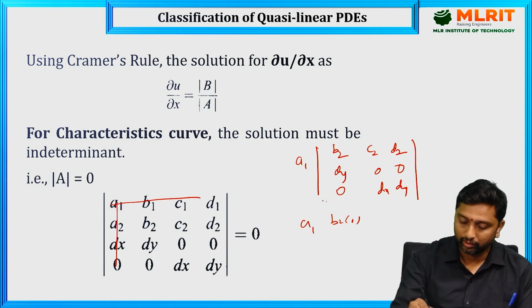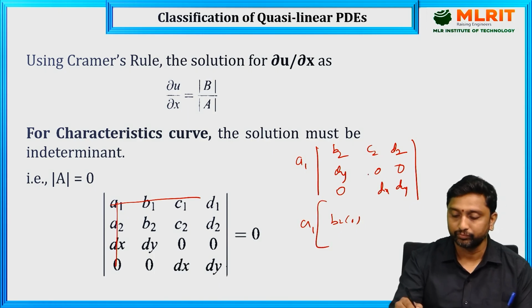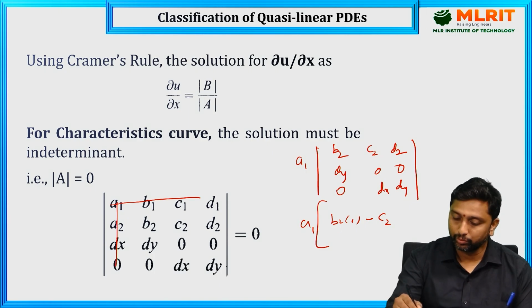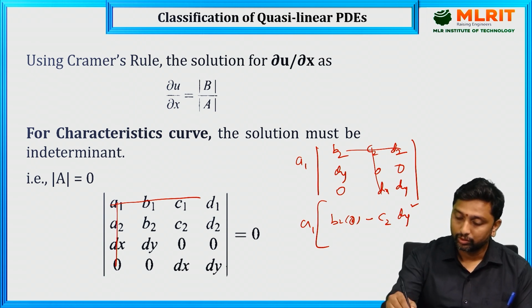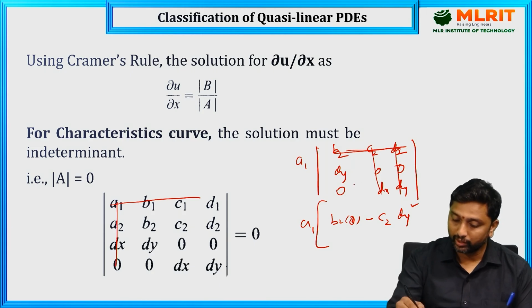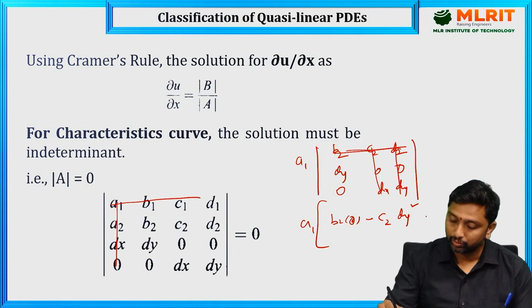So A1 into B2 into 0 minus C2 into dy square, B2 into 0, C2 into dy square minus 0, next D2 into, or plus D2 into dx dy.